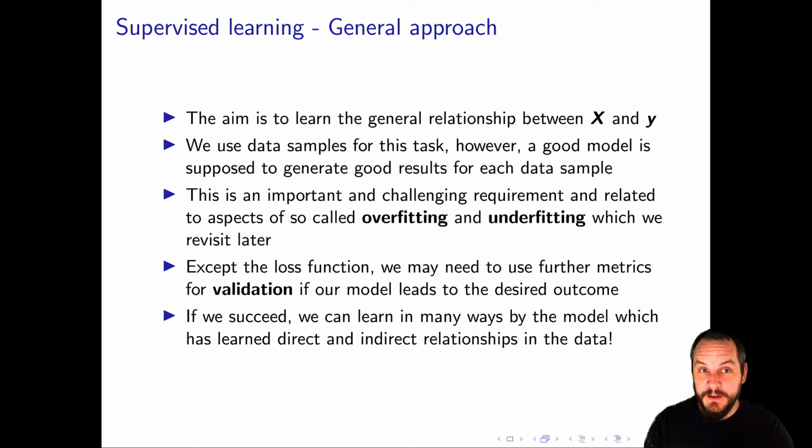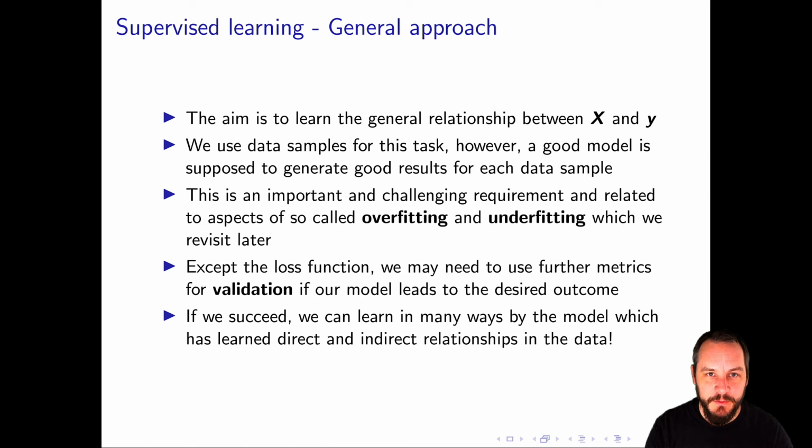Okay, and so if we do this, obviously our first aim is to make good predictions, but this is not the only aim, because in our mind we also have the idea, if we find the relationships between the feature variables and the target variable, then we can learn a lot about the data and about the relationship in general. So we always have the aim for our model to generalize. This means, of course, we always work with samples of data.